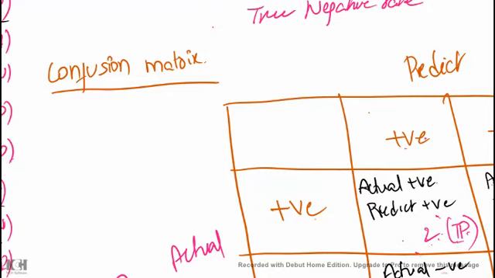And last, ROC and AUC. So these are the things which are still yet to be discussed.